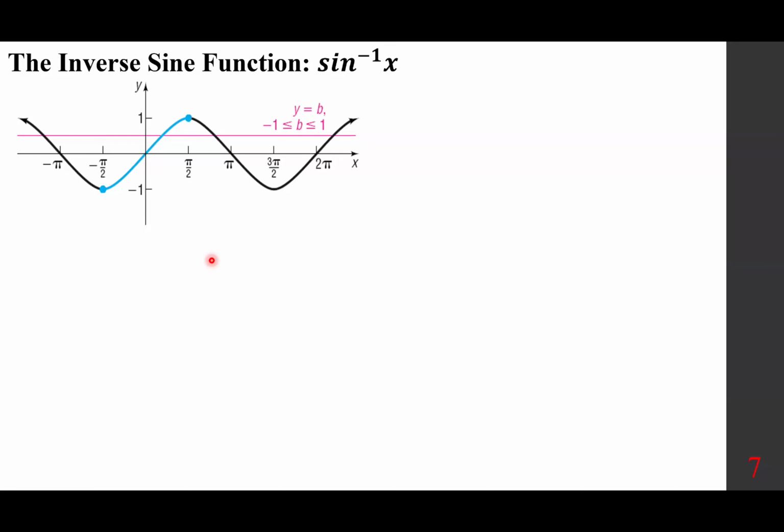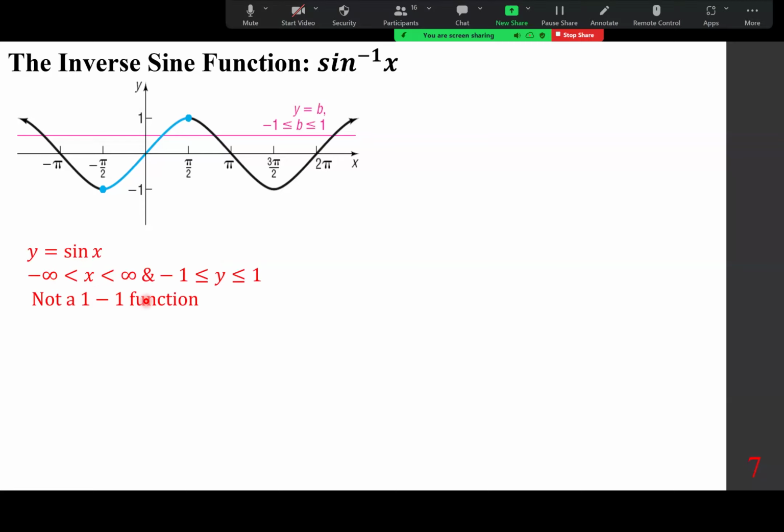Notice y equals sine x, the domain is all real numbers, y goes from -1 to 1, and it's not a one-to-one function. Now, if we restrict it from minus pi over 2 to pi over 2, what happens? First of all, you have a continuous function, you have one piece. Secondly, you cover all the range from -1 to 1, and now only this portion is a one-to-one function.